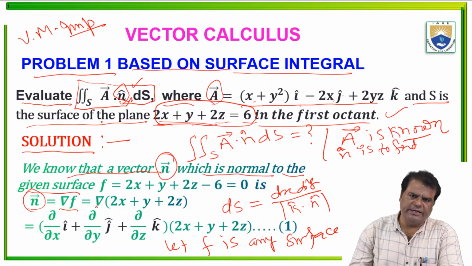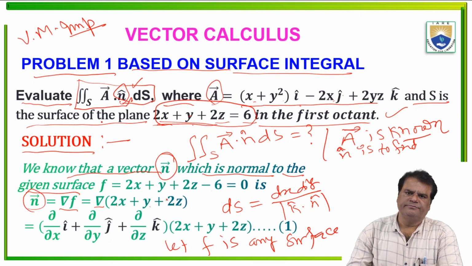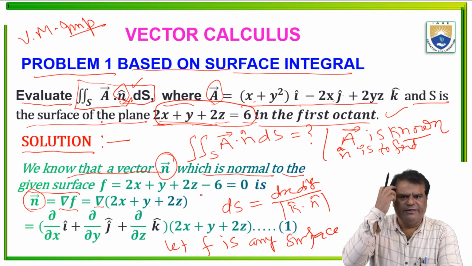So the normal is del F, where F is 2x + y + 2z - 6, which is always equal to 0.